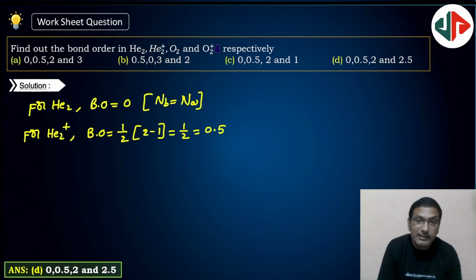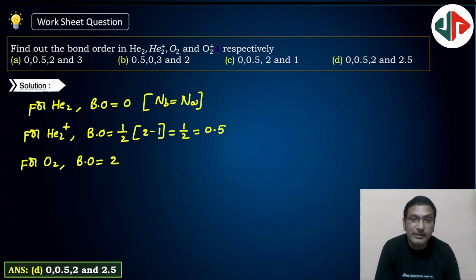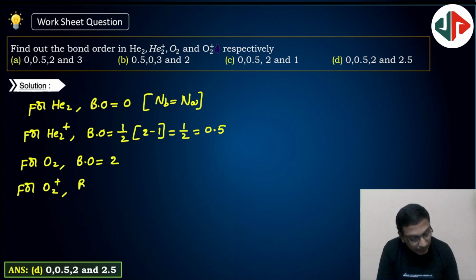So here bonding electrons more than anti-bonding. Next for O2, bond order equal to 2, standard example. Next for O2 plus, bond order equal to, already have given this value, 2.5.